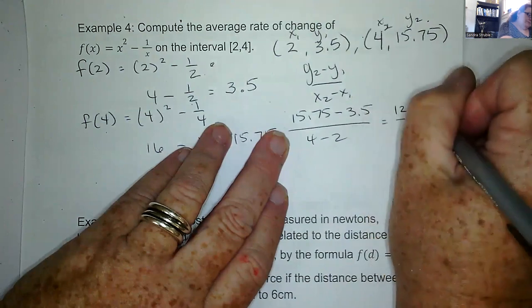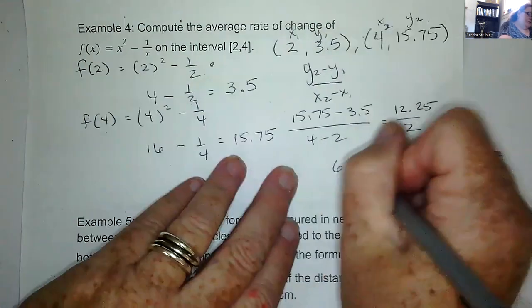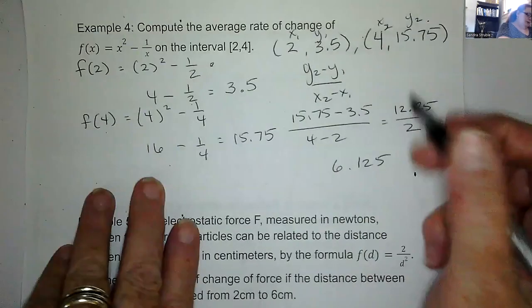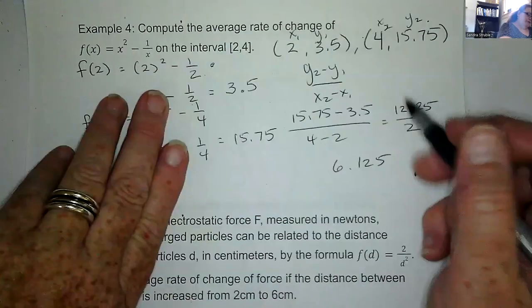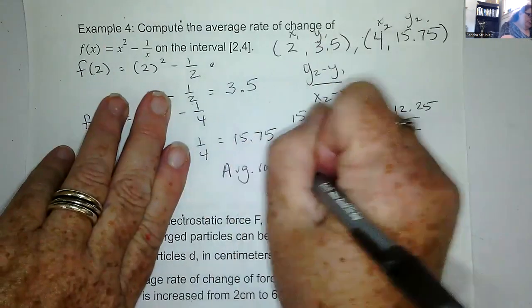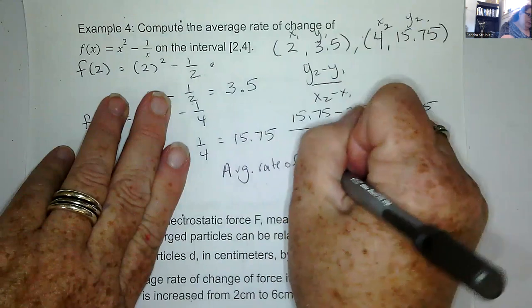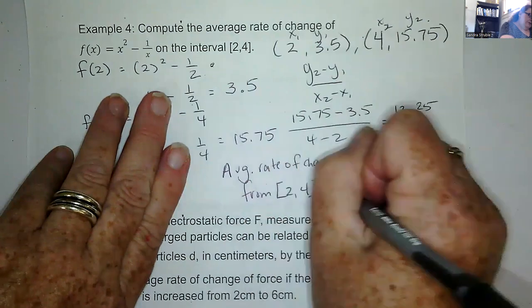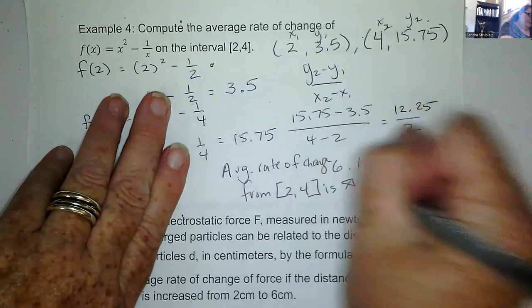Okay, so that's 6.125. All right, so the average rate of change on the interval, average rate of change from 2 to 4 is, there you go.